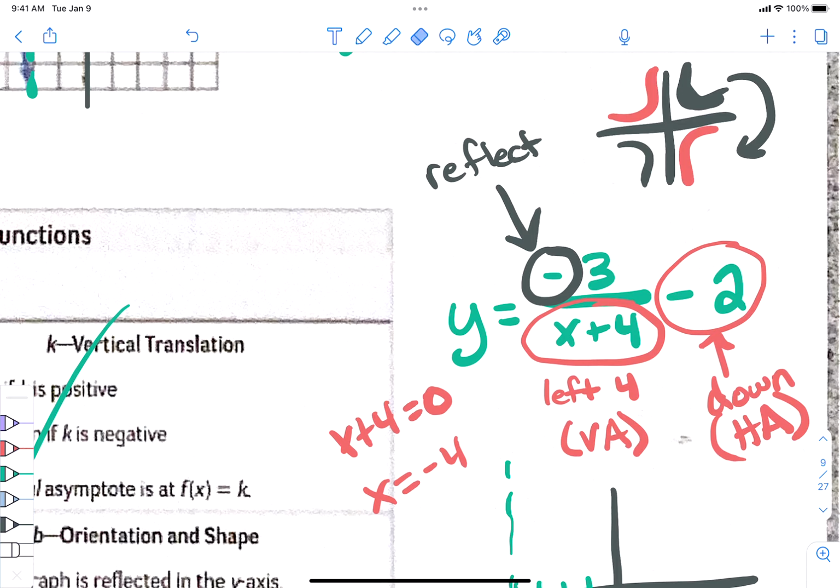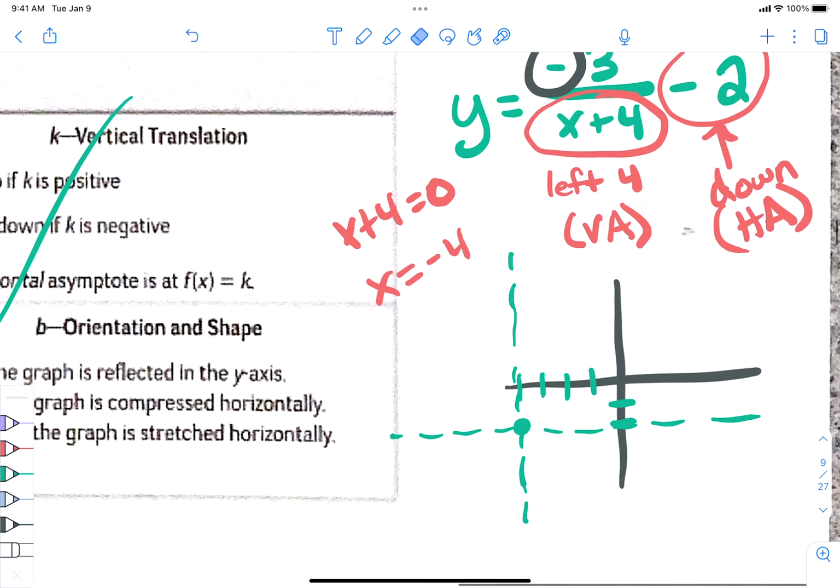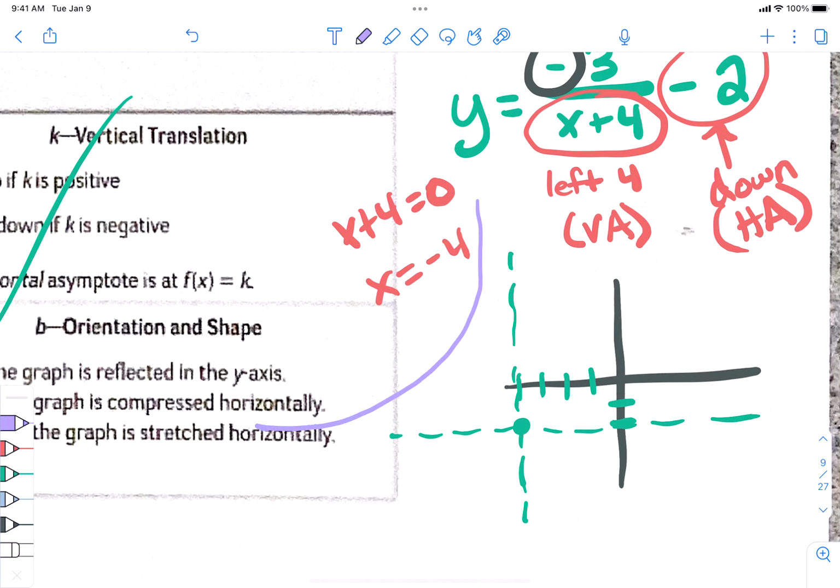Now, what does the 3 do? Most of the time that number is a 1. If it's a 3 instead, it's like you're multiplying it by 3. What happens when you multiply him by 3? You stretch him out. You make him taller, okay? So when we make him taller, let me show you what it looks like. He's going to be taller, and he's going to be more of a C and less of an L, right?